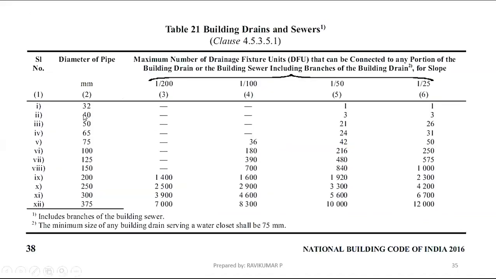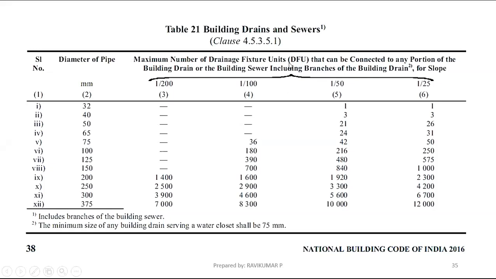So for 40 mm, what are the fixtures that come? Sink, kitchen sink, pantry sink, and urinal. In a pantry also, if you want to connect, if you are taking a pantry as a header, you have to connect a 20 mm also. For that, if you are taking a 1:50 slope, it means up to 3 fixture units you can connect maximum.